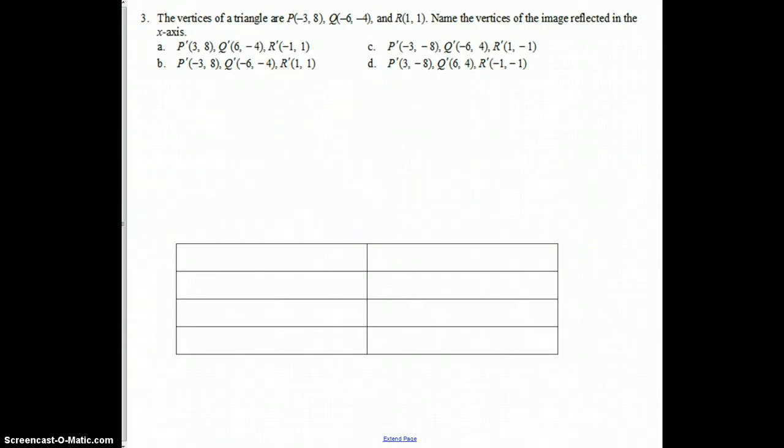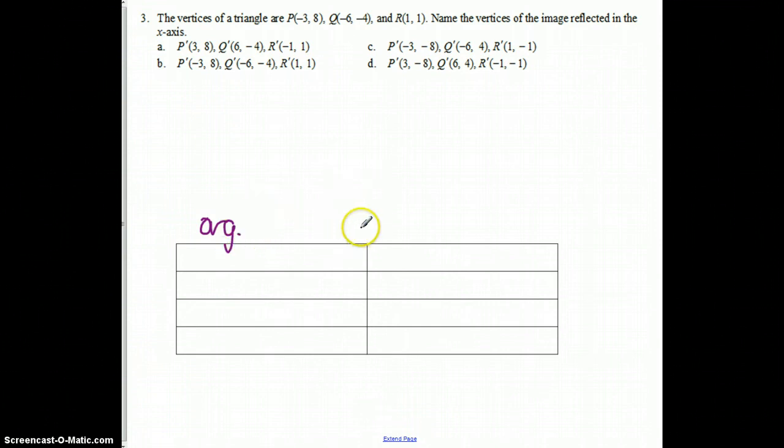The vertices of the triangle are P, which is -3, 8, Q, -6, -4, and R, which is 1, 1. It says name the vertices of the image reflected in the x-axis. So we're going to set these up just like we did before with our original. Actually, why don't I put that on top?